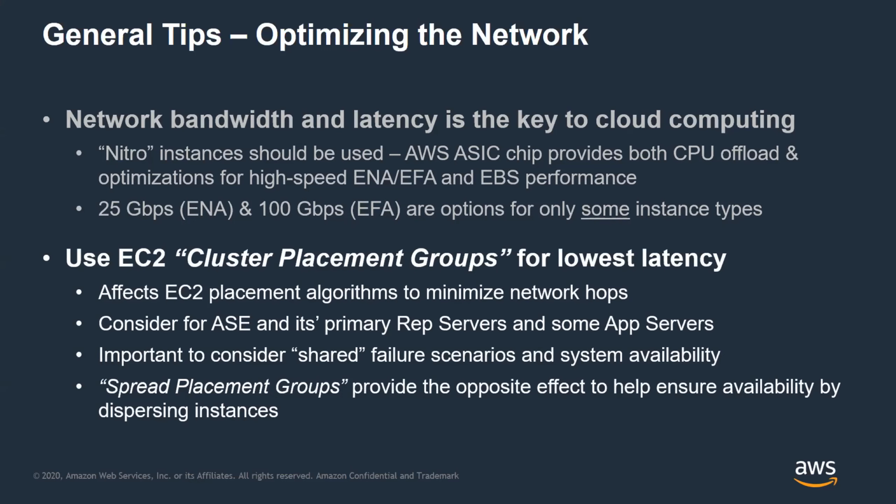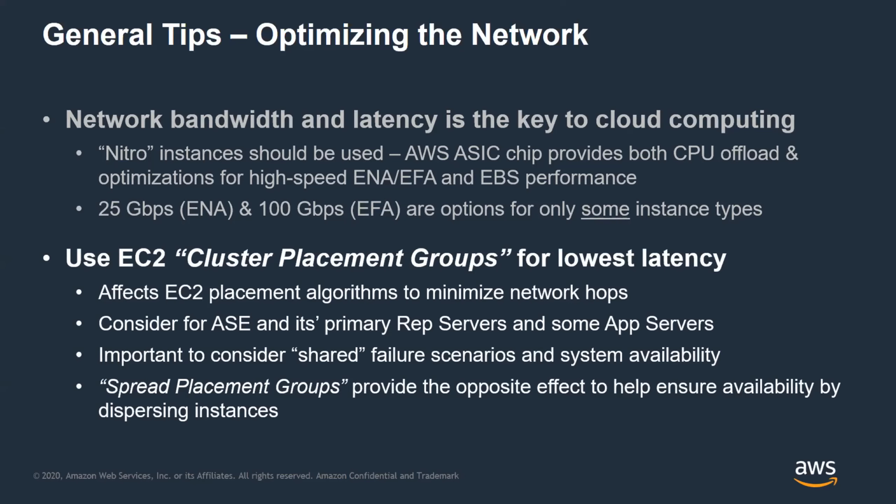The other thing we offer in EC2 is something that we call placement groups, right? And a placement group really helps the hypervisor and the scheduling side of AWS, instance scheduling, to determine how close or how far apart two instances might be.